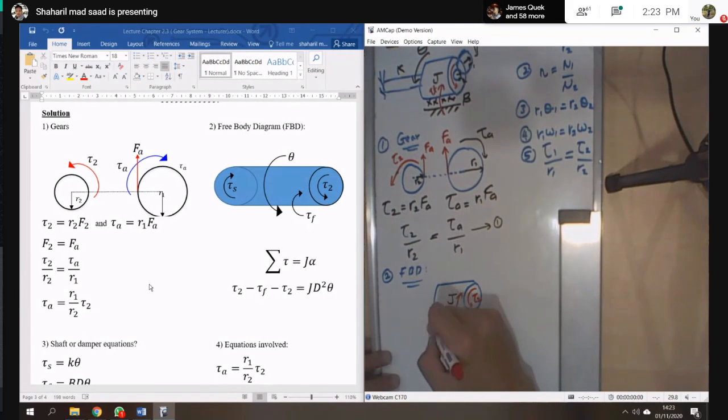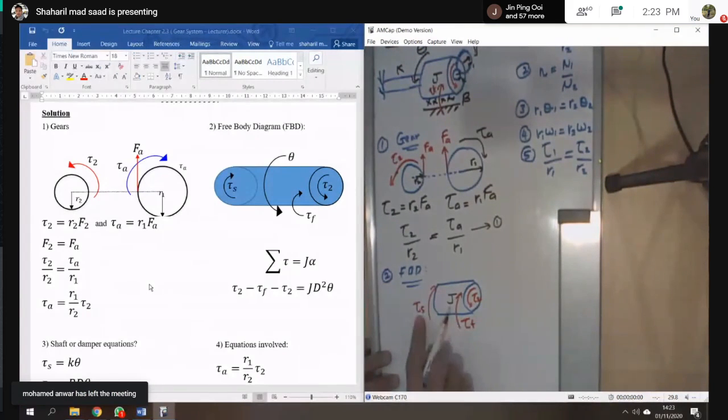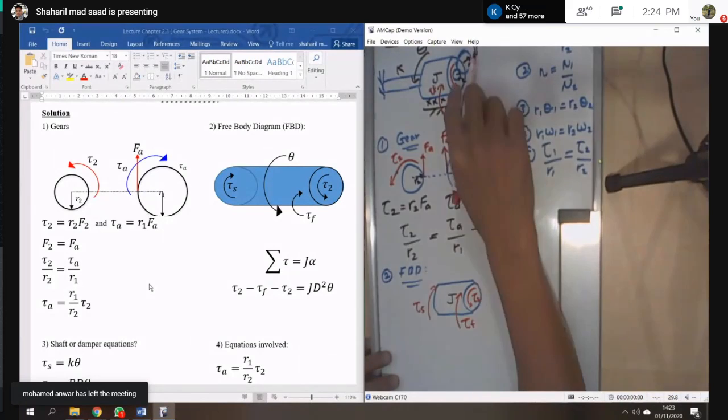So you will have TS, the torque of the shaft. Remember: TS, TF, and T2 is from the gear.